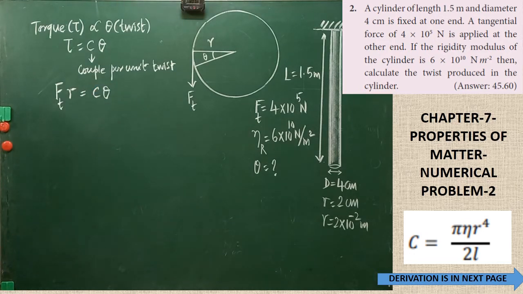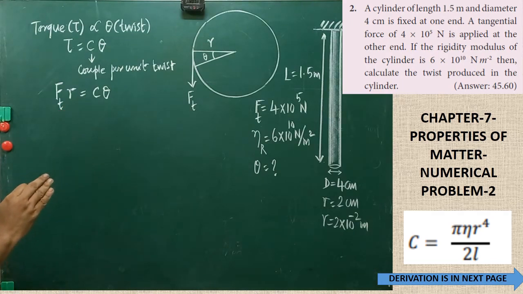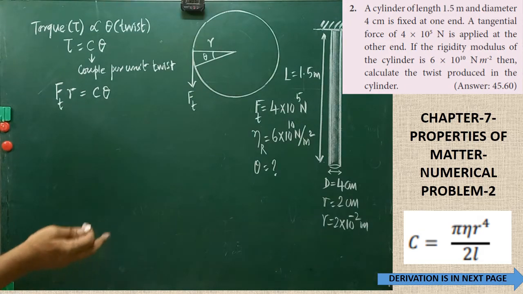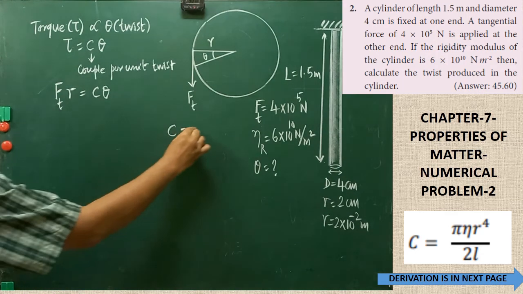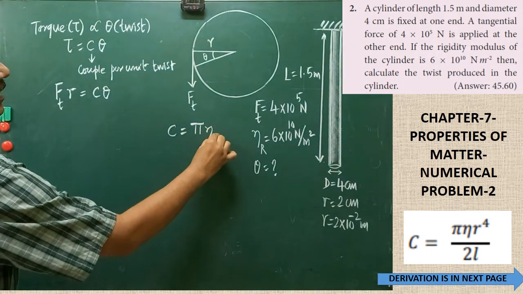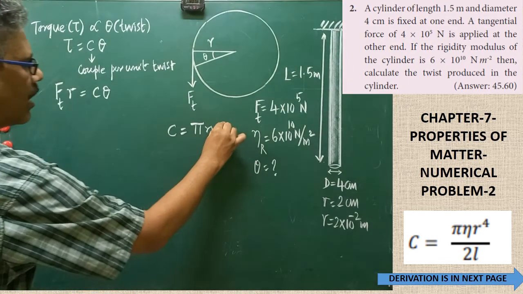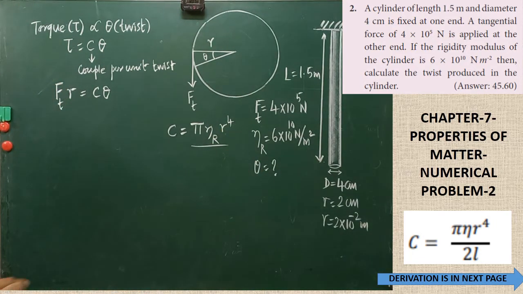Here I would like to tell one important thing, that the formula for C is not available in the textbook. Now I am going to give you the formula for C. The explanation of the derivation of C is separately shown in some other page in the same presentation. The C can be obtained by the formula pi eta r power of 4 whole divided by 2L.